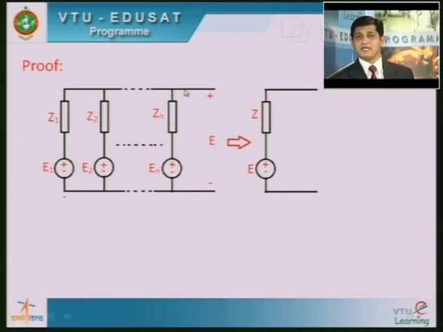Can you make out how many nodes are here? How many branches are there? There are n branches, starting from 1 up to n, so they have generalized it to an n branch problem. Now how many node network is this? All the branches are connected in parallel, which means each branch is coming and getting connected at one node.